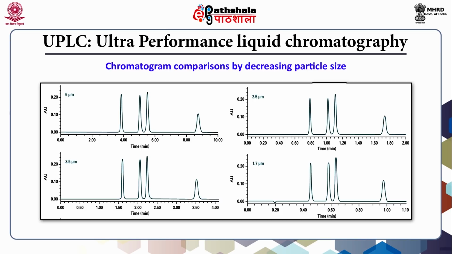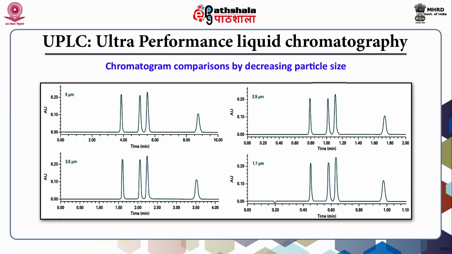Simply, we have analyzed this compound with stationary phases where the particle diameter is decreasing. In the top left figure, the stationary phase contains 5 micrometer particles, and in that case the first peak comes at 4 minutes.